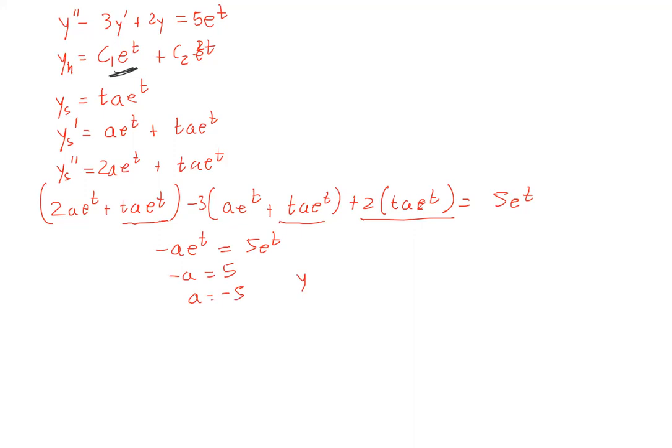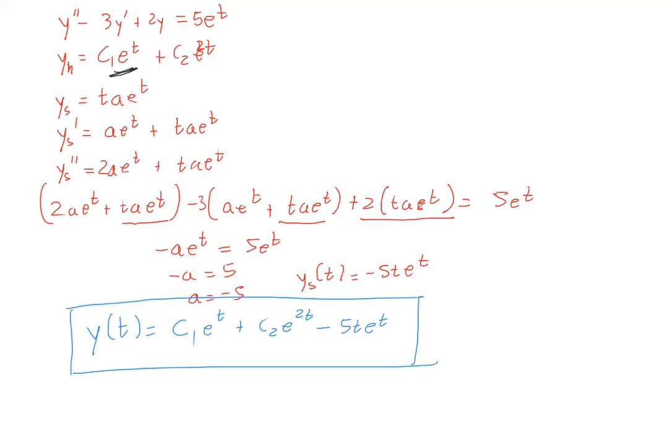So the special solution is minus 5t e to the t. And we can give the solution of the non-homogeneous, which is C1 e to the t plus C2 e to the 2t minus 5t e to the t. And that's it. Okay?